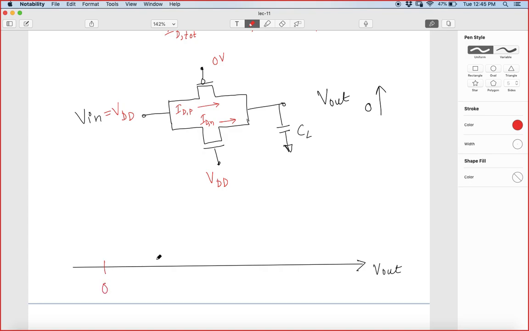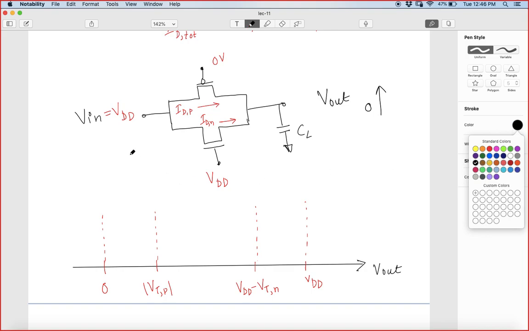It starts at 0, and at VTP, the threshold voltage magnitude of the PMOS, there will be some changes, and whenever it reaches VDD minus VTN, which is the threshold voltage of this NMOS, and then till VDD. We'll slowly go one by one and try to understand how the operating regions of NMOS and PMOS vary.